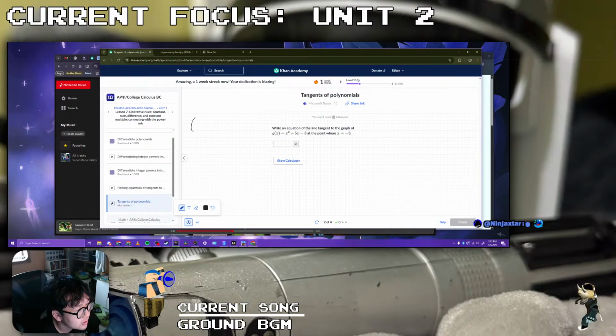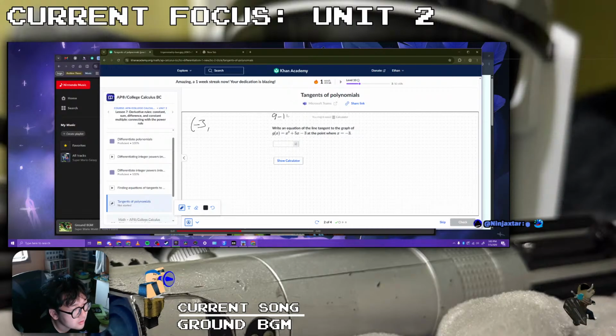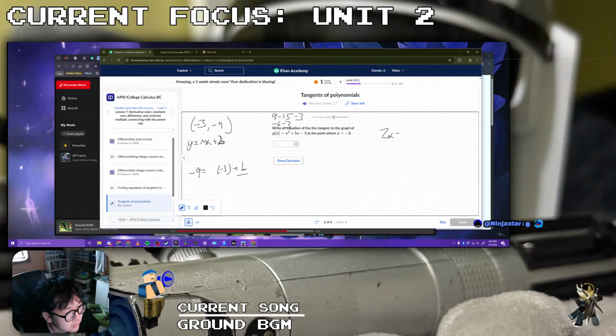So let's find our coordinates first. This is going to be 9 minus 15 minus 3, aka -6 minus 3, so this is going to be -9. This is our point. Now we just need to plug it into y equals mx plus b. So -9 equals, we'll find our m in a second, and we're going to solve for b. But first, let's find the tangent slope: 2x plus 5.